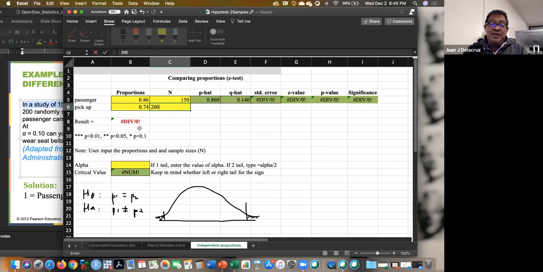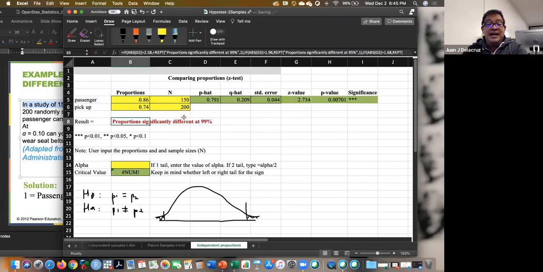Of course, it's giving you the results, now you have to make the interpretation, right? So here, proportions are significantly different at the 99%. We have 3 stars here, meaning that this is significant at the 1% level.